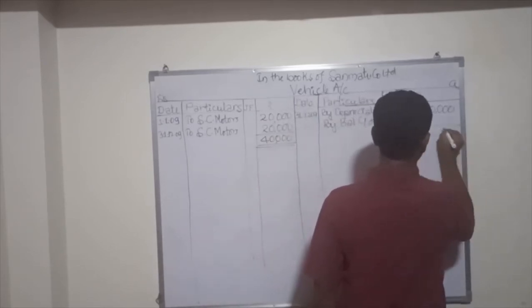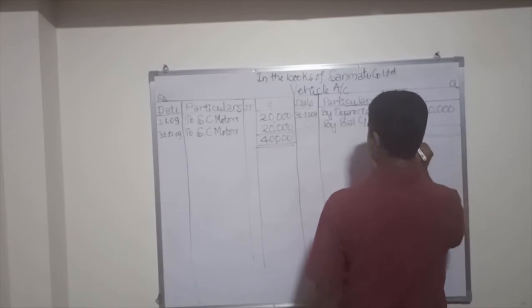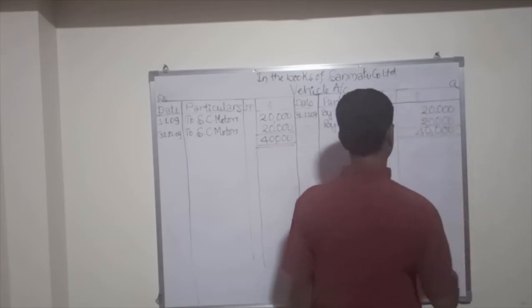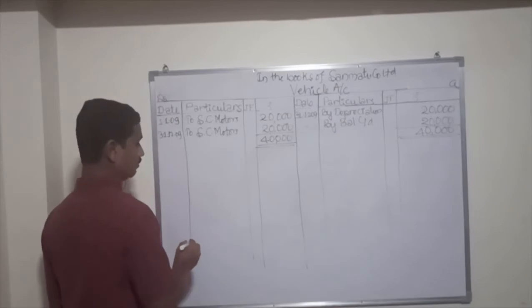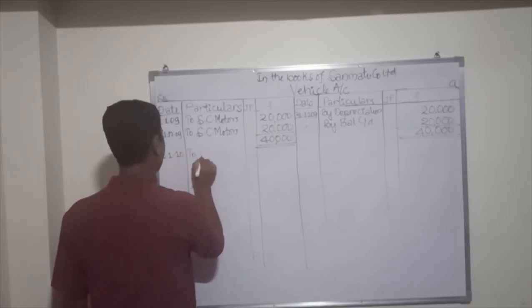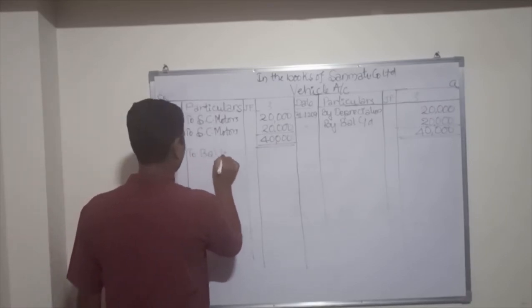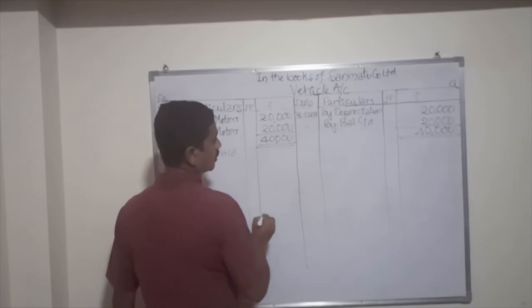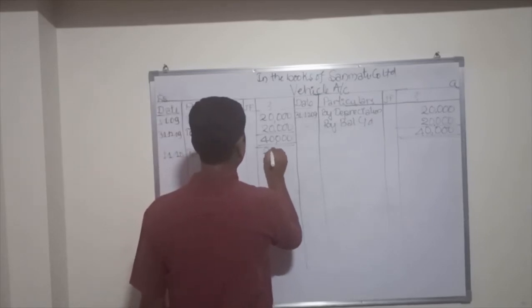The difference remaining here is, sorry, 20,000. So on 1/1/2010, to balance brought down, it is 20,000.